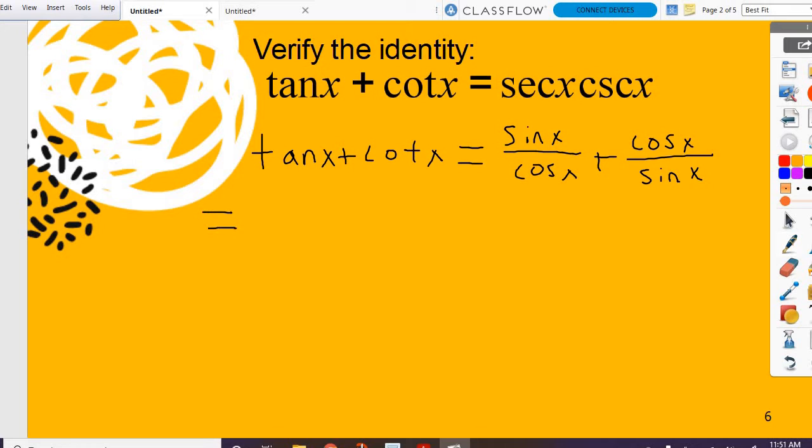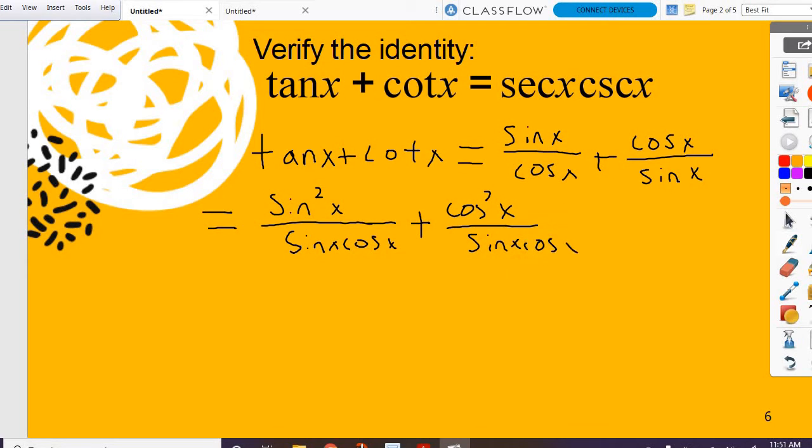What do I need to multiply my first fraction by? Sine over sine. So I get sine squared of x divided by sine of x times cosine of x. And what do we need to multiply our second fraction by? Cosine. So we get cosine squared of x divided by sine times cosine.